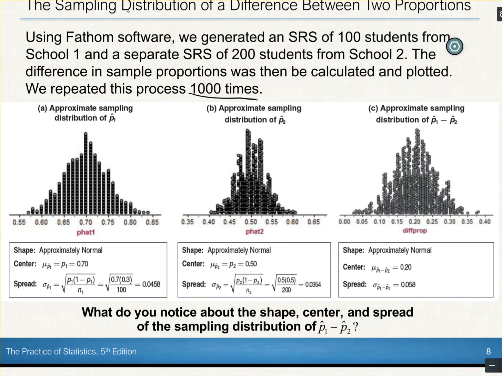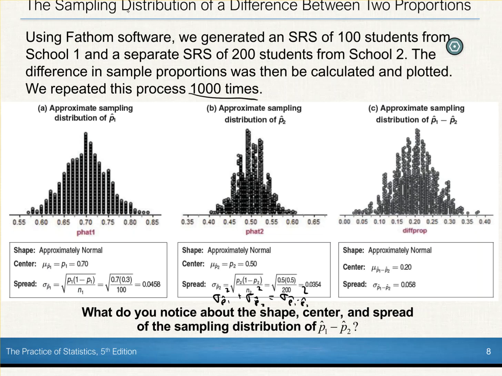Hopefully you recall from chapter, I want to say 6, that to figure out what that is, we're going to have to take sigma of P1 squared plus sigma of P2 squared, and that's going to equal sigma of P1 minus P2 squared.